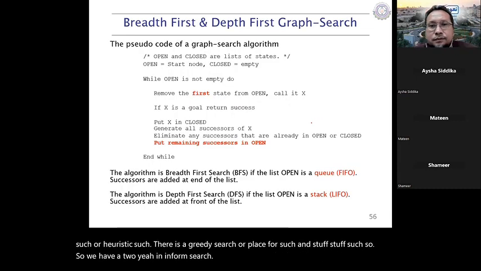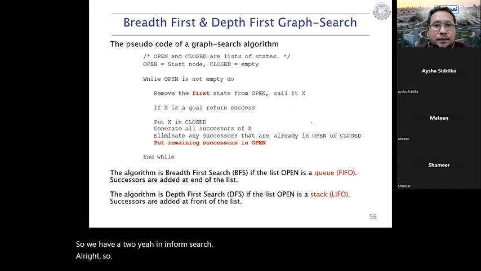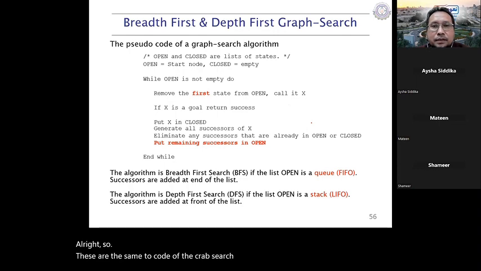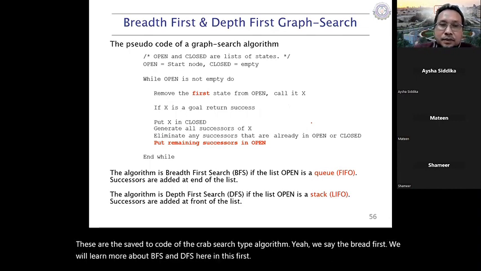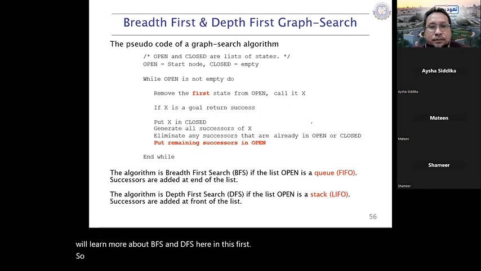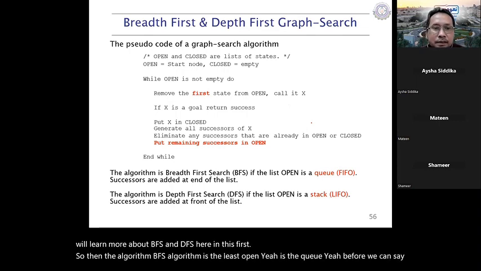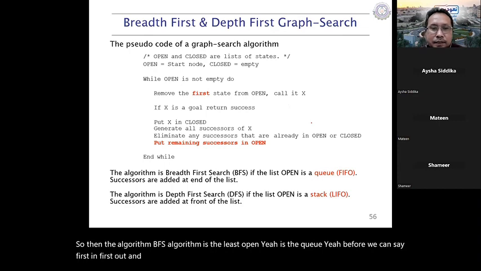All right, so these are the pseudocode of the graph search algorithm. We start with breadth first, and we will learn more about BFS and DFS in this lecture. In the BFS algorithm, the list open is a queue, or FIFO, first in, first out, and successors are added at the end of the list.